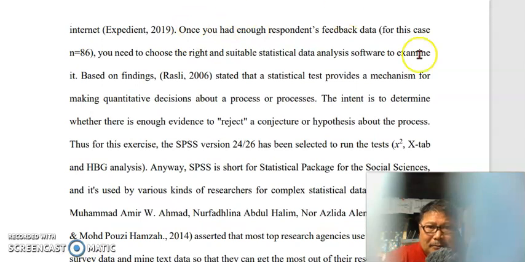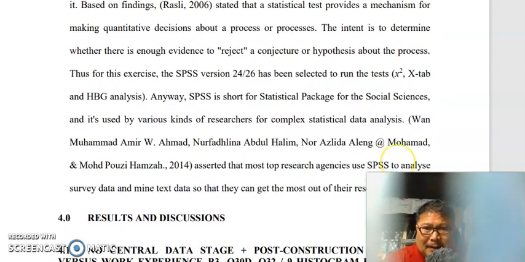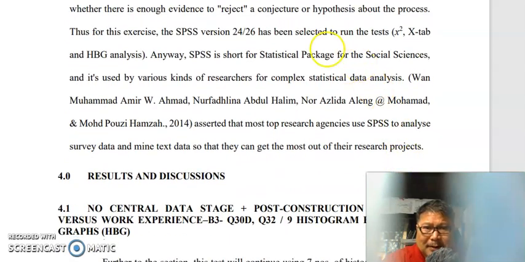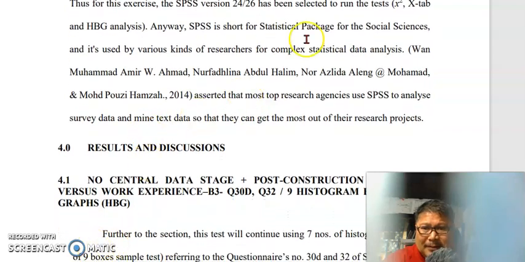We formulated the flow charts using Rasley flowcharts from UTM, the experts in how this research works, the process of it. And again, as I mentioned before, using IBM SPSS version 26.